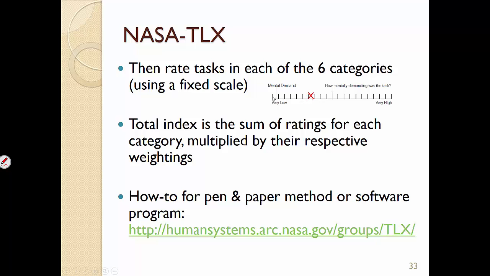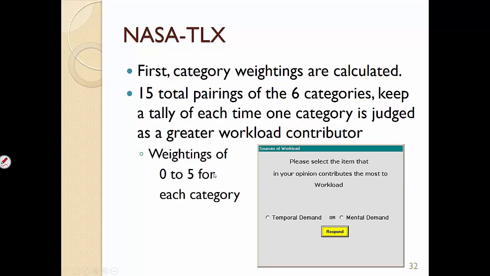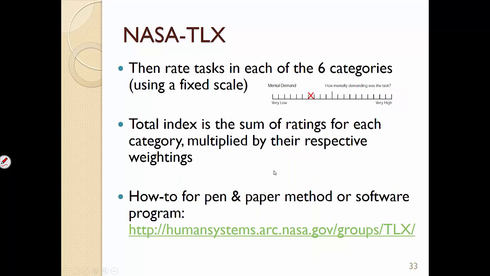So this could be on a scale of 1 to 20; I think there are usually about 20 of these. So you could say that's a 7. Then you multiply it by its weighting that you just calculated by the tallies, and you sum them up. That's how NASA TLX comes up with a single index, a single number that represents the workload of a certain experience.